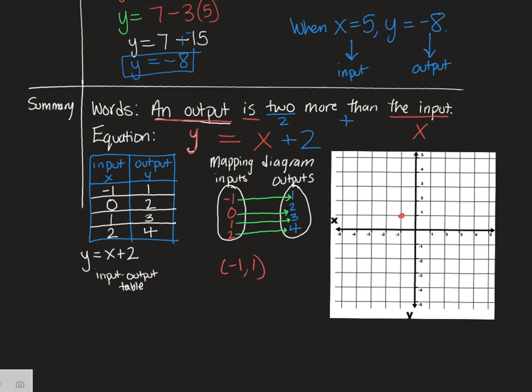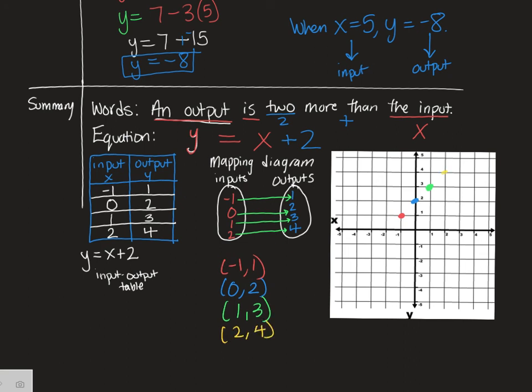My next point is 0, 2. So I'm going to 0, 2. Cool. Now my next point is 1, 3. So I'm going to go to 1, 3. And then my next point is 2, 4.